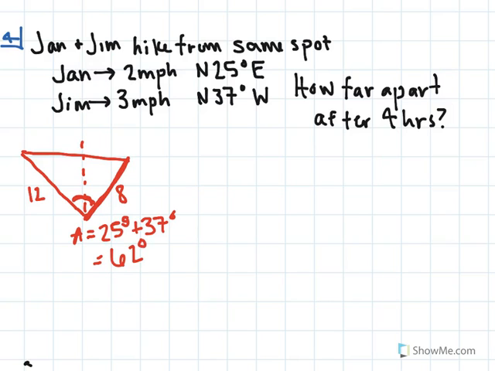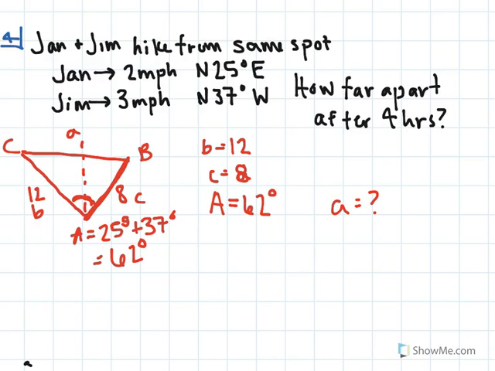And we have our side 12, our side 8, and we're looking to find this side up here, A. So let's just say that this angle is B and C, so 12 is side B and 8 is side C. So B equals 12 and C equals 8. We have angle A, which equals 62 degrees, and we need to find what side A is equal to.